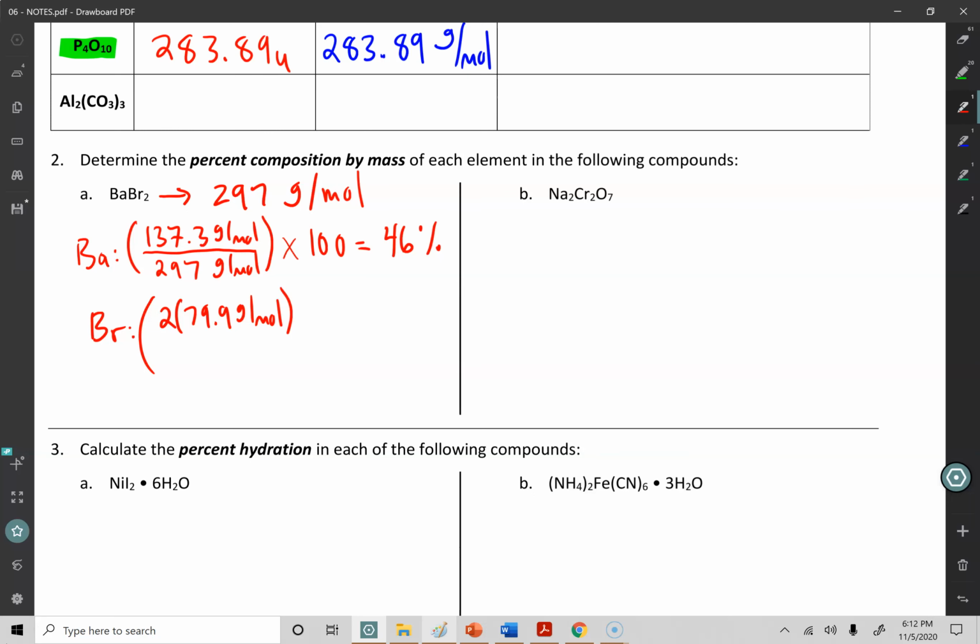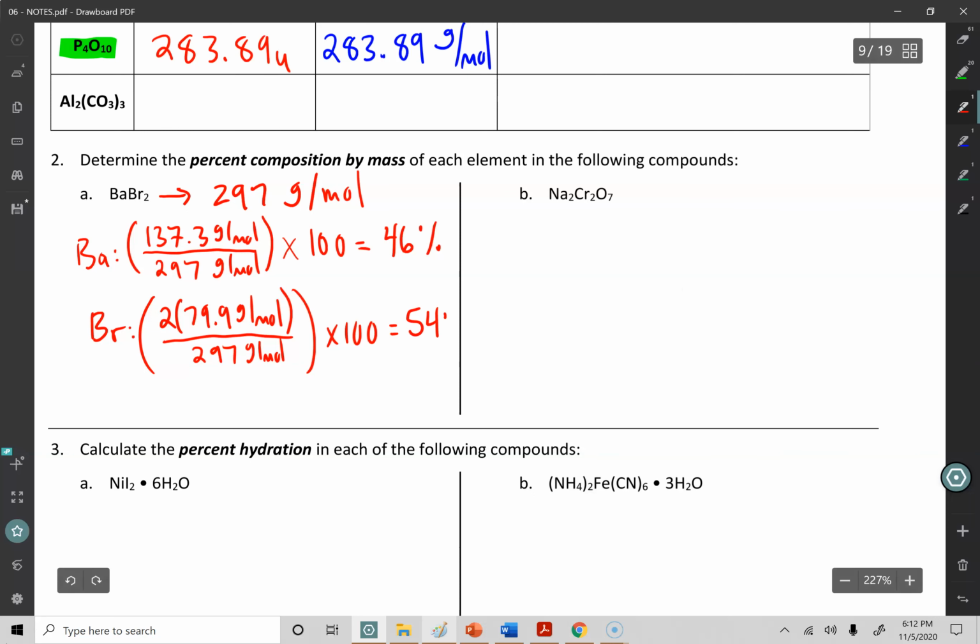If you round it up to 80, not a big deal. I'm going to divide by 297 grams per mole, since that's the molar mass of barium bromide. Multiply by 100. And if you grind through the calculation, you'll prove that the remaining 54% is in fact made up of bromine.